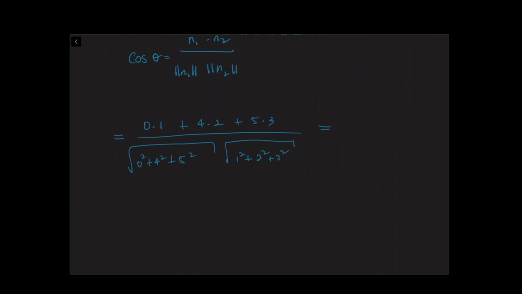So the numerator gives me 8, 15, and 1. That's 23. And the denominator gives me, the first one is 16, 25. That's 41. And the second one gives me 9, 4, and 1, which is 14.